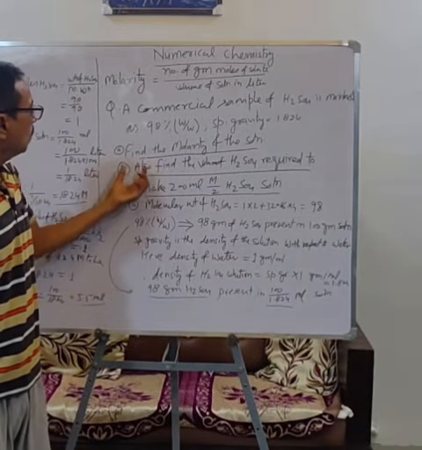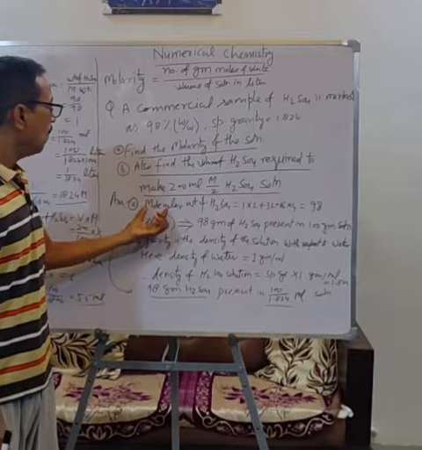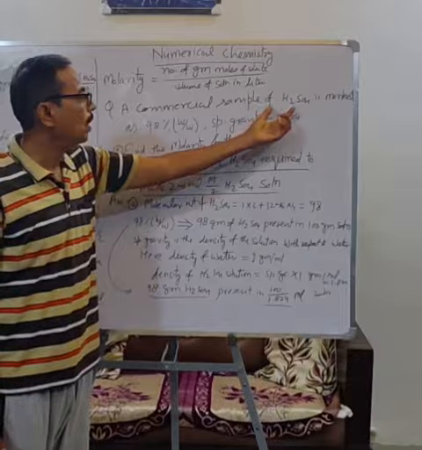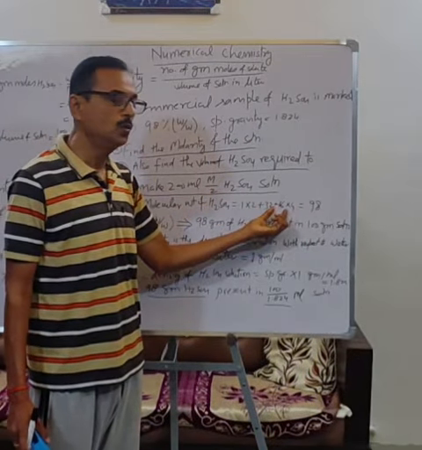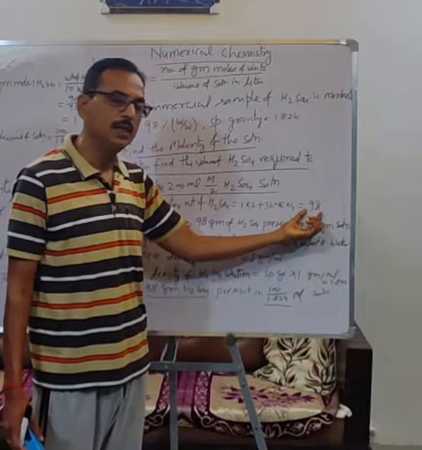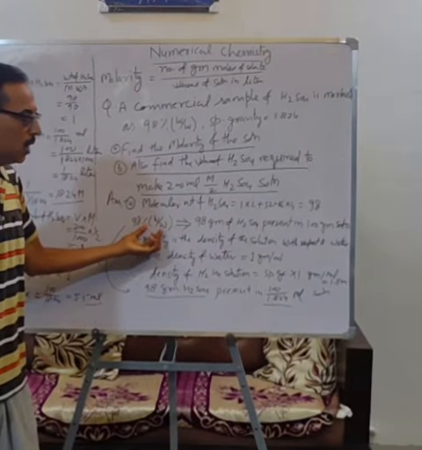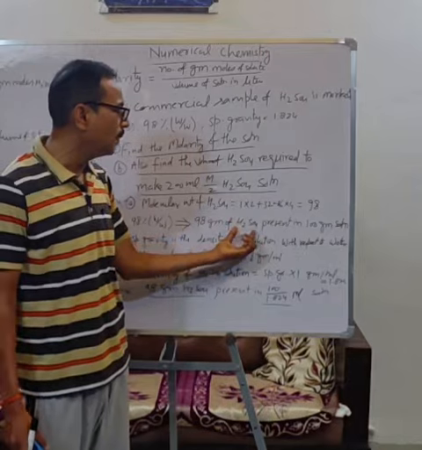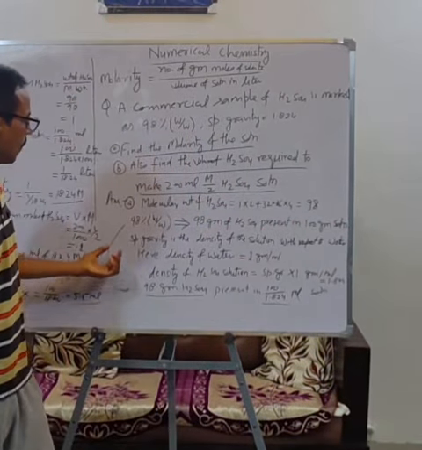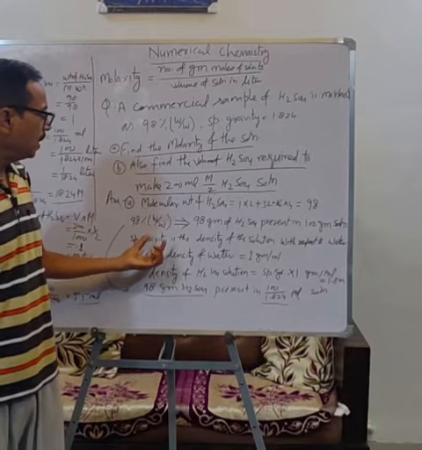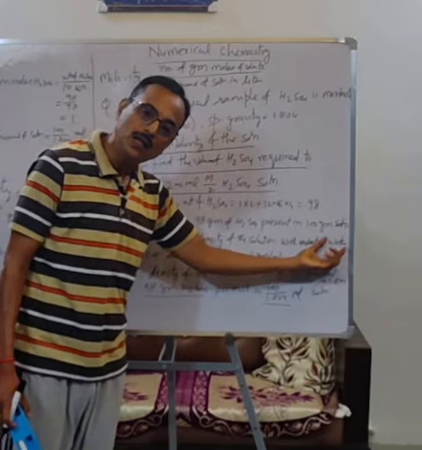So how will we calculate here? Let us see. Molecular weight of H2SO4 is 1 into 2 plus 32 plus 16 into 4, that is 98. 98% weight ratio means 98 gram of sulfuric acid present in 100 gram of solution. Now, specific gravity is the density of solution with respect to water.